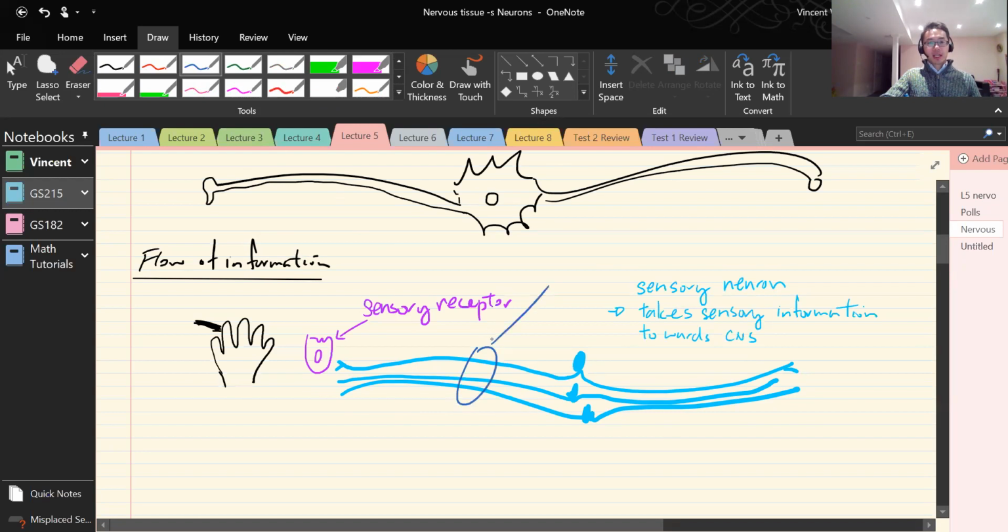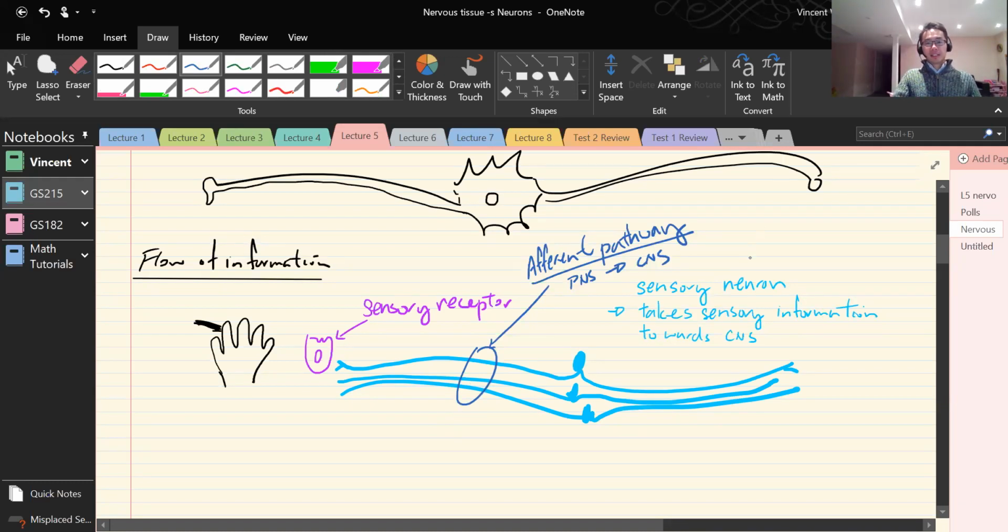We call that the afferent pathway. The afferent pathway takes information from the PNS towards the CNS. This afferent pathway is made up of sensory neurons. And what does it carry? It carries sensory information. In this case, pain and pressure.